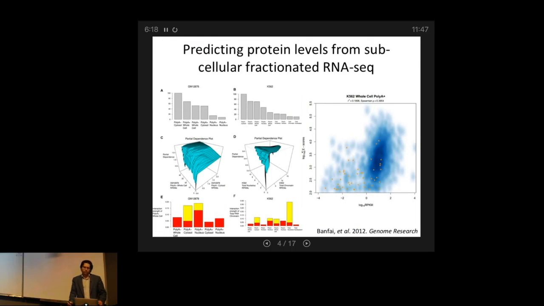We've also worked on predicting protein levels from subcellular fractionated RNA-seq. This was trying to predict the distribution of 1 million mass spectra from whole genome shotgun tandem mass spectrometry from subcellular fractionated RNA-seq data. The coolest finding from this paper was that the best predictor is the poly-A minus cytoplasmic fraction.